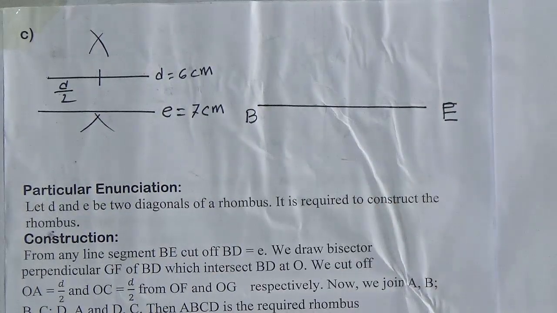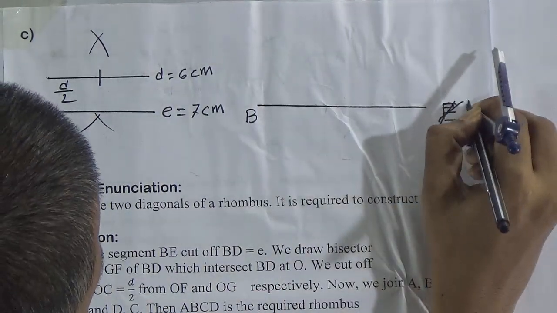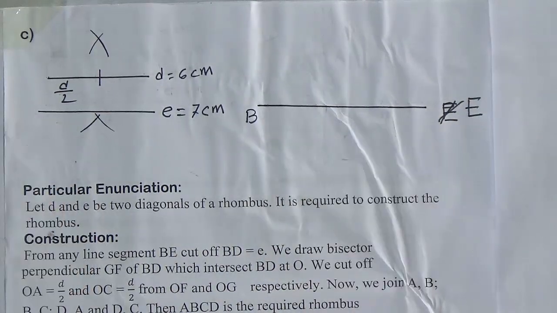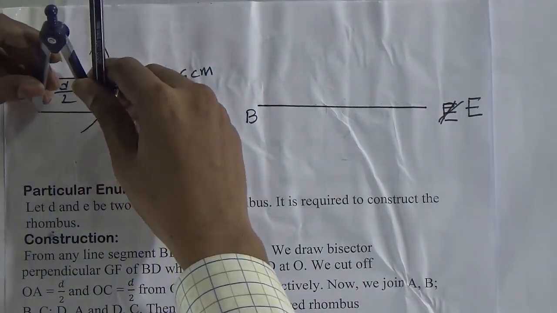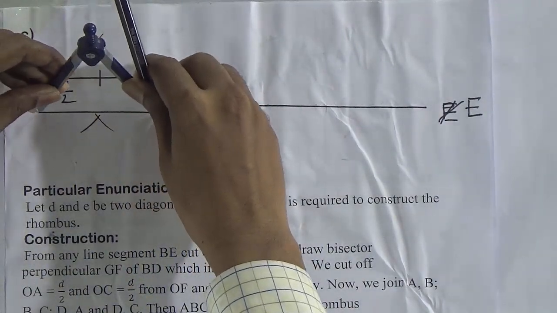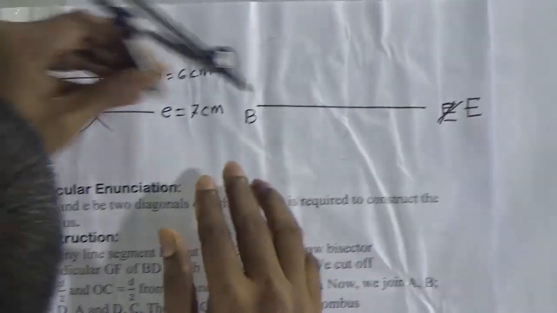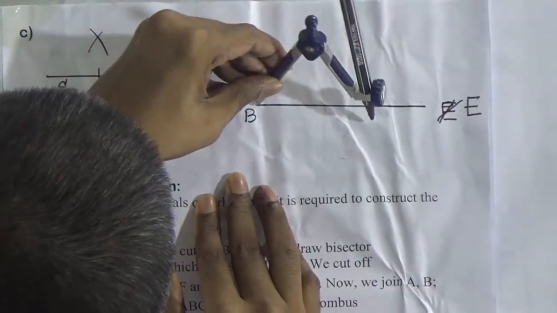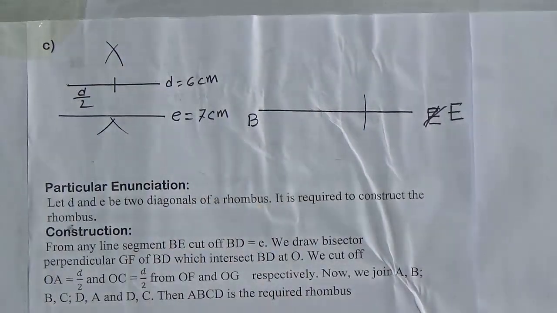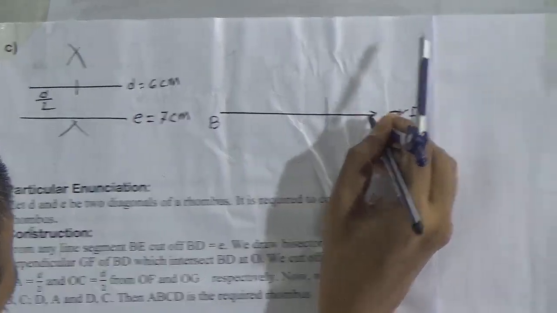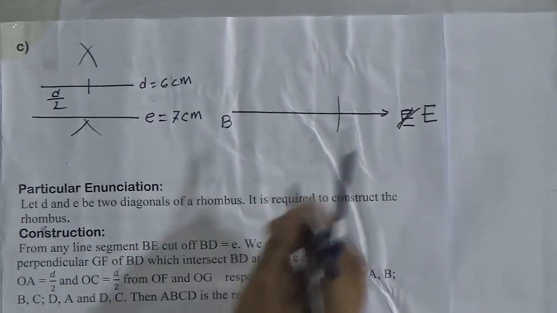From BE, we cut BD equal to e. This is BE ray.